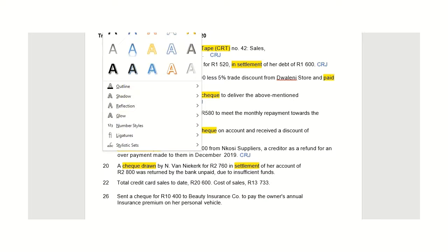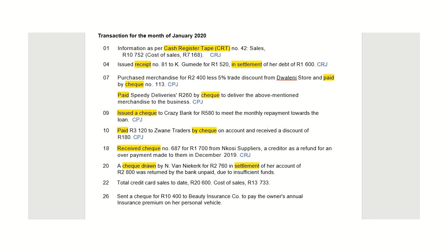Initially when we received it, it was on a CRJ. Now that we've got to reverse it, we'll do it on a CPJ. So when you see returned by bank, we should know that we need to do the opposite of what it was initially. Now that it's returned, opposite journal, CPJ.